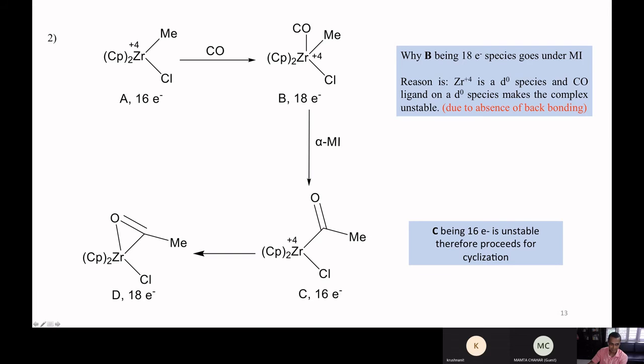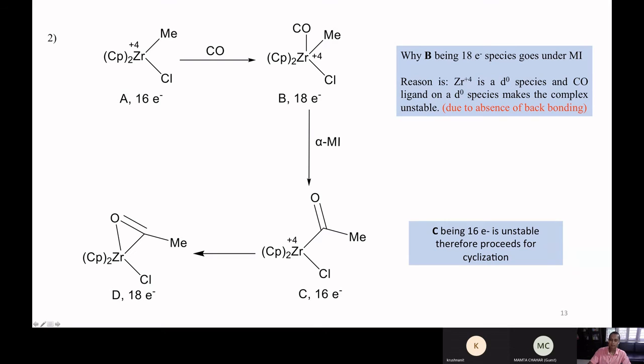So total 16 electron complex. Now if we are trying to react this 16 electron complex with carbon monoxide, we will get an 18 electron complex immediately.